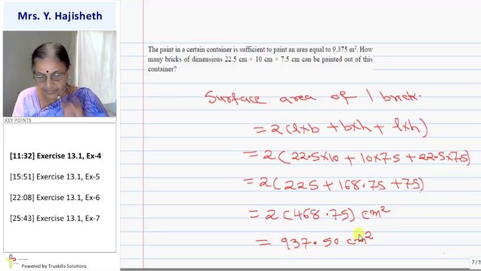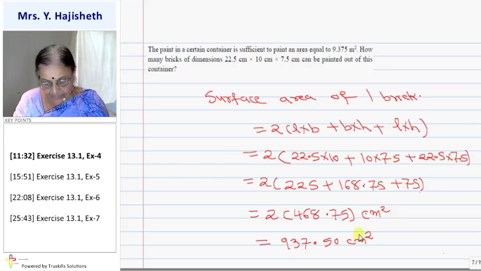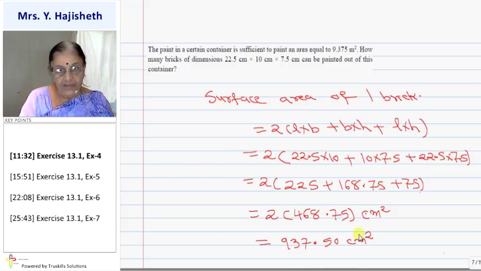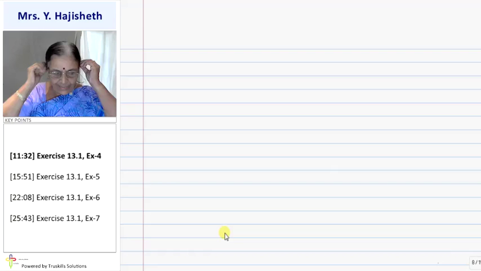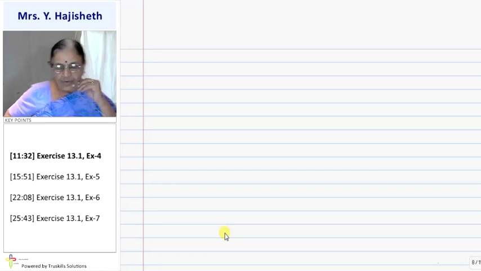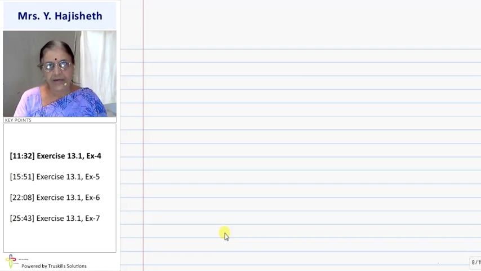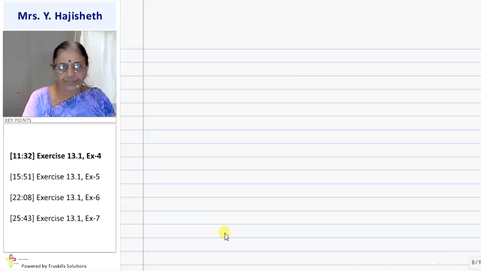Clear? Now, 937.50 centimeter square. Now, you are asked to find out the number of bricks. I ask you to find out the number of bricks, okay? Now, what is your answer? Are you getting 100? If your answer is 100, you are right.